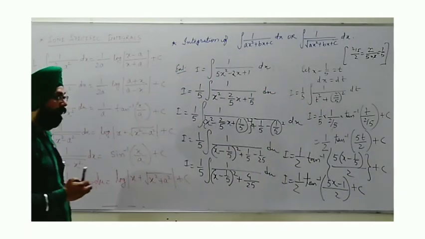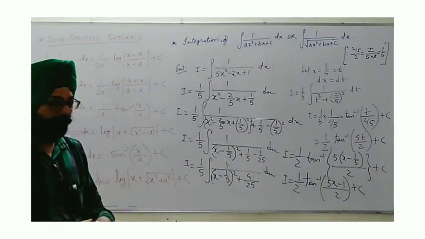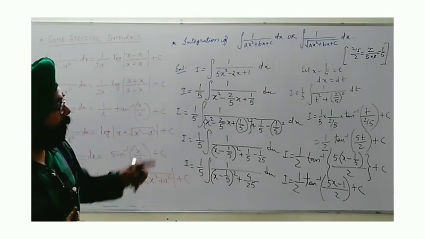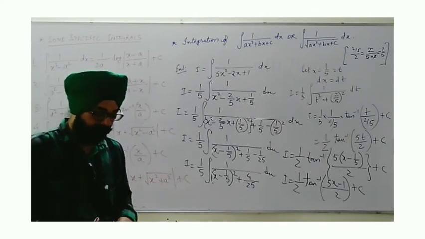So this way, whenever we are given such polynomials in standard form, we need to apply this method, the completing the square method. Now one example we will take from the square root pattern, the second one. Let's see.